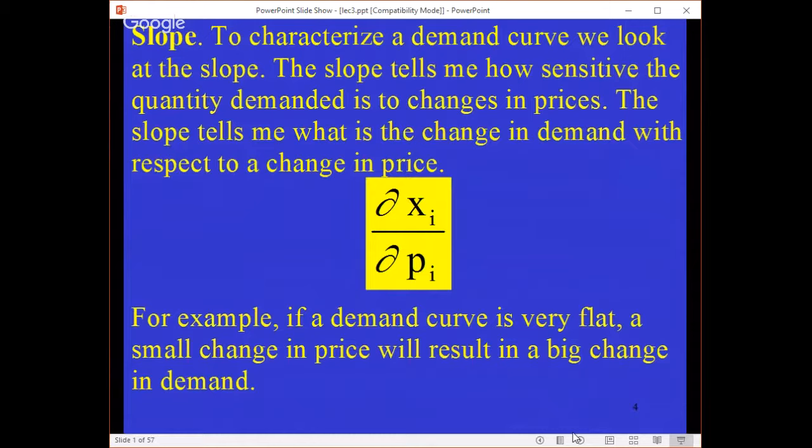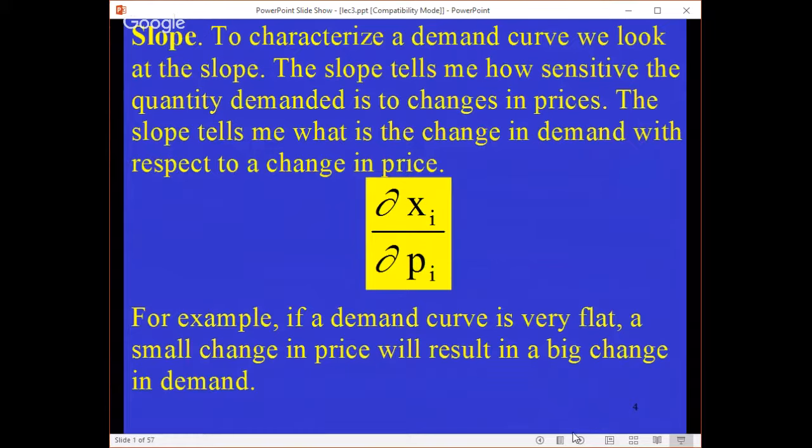But if you hold everything else constant except the price of the good, I can take the derivative of quantity demanded with respect to its price and get its slope. In other words, I get how the quantity demanded changes when price changes.